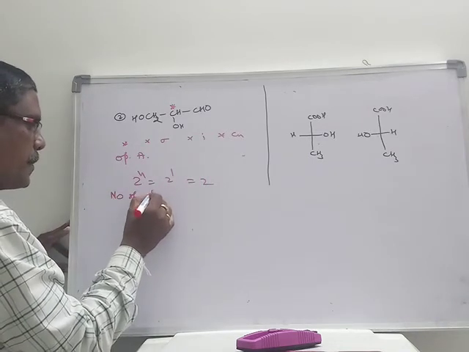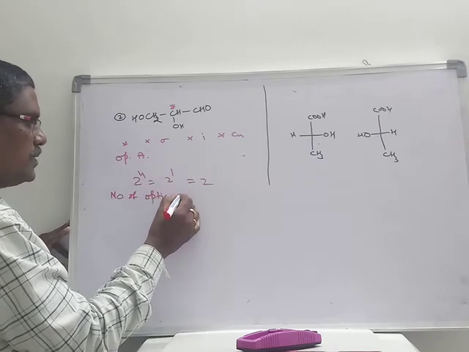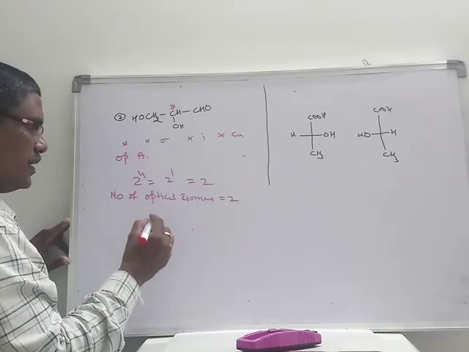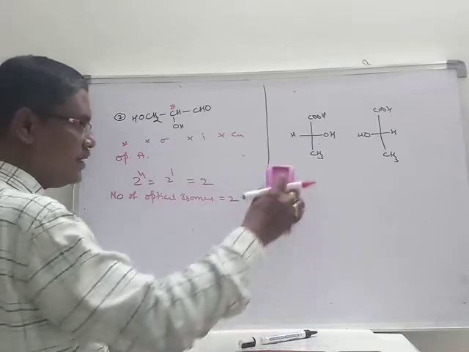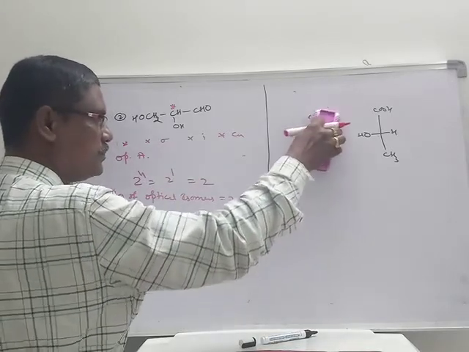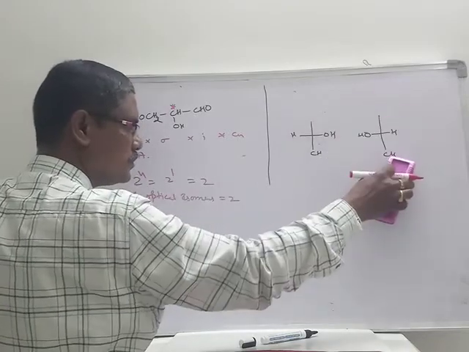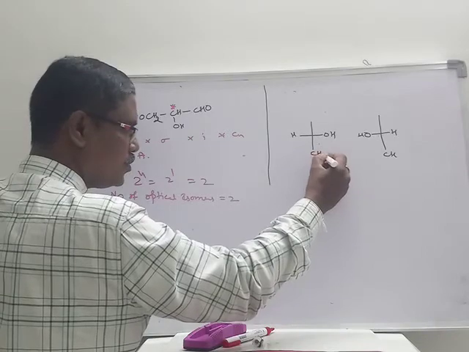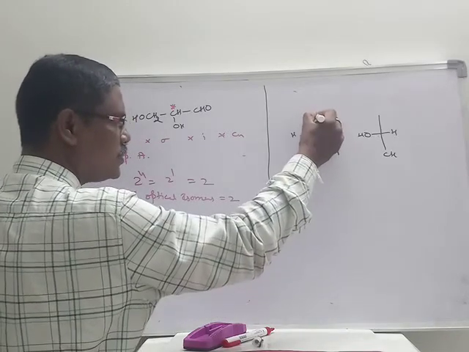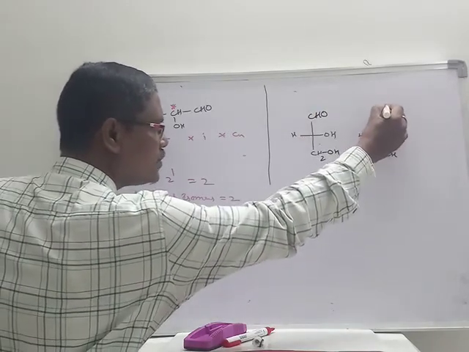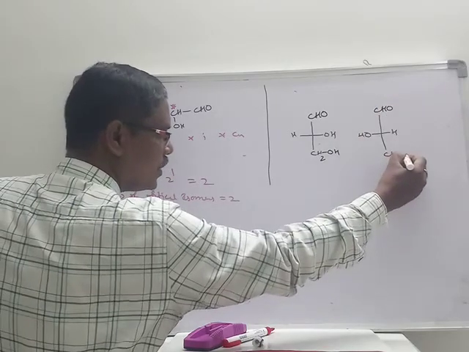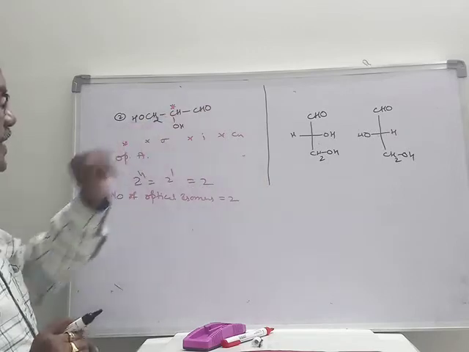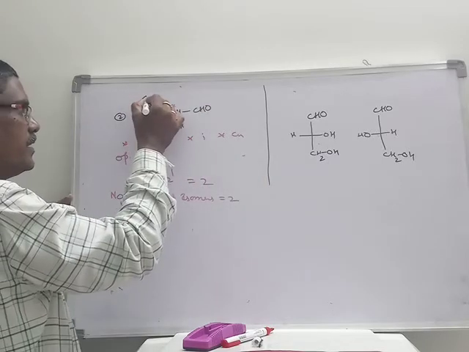This is a similar structure: here CH2OH, CHO, and here CHO, CH2OH. These are the two isomers of glyceraldehyde.